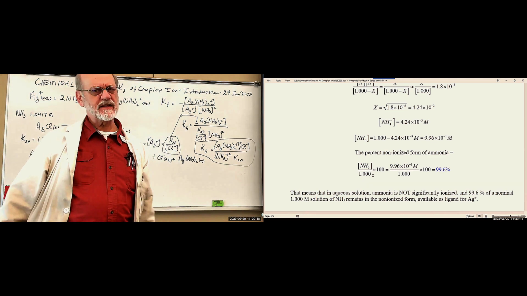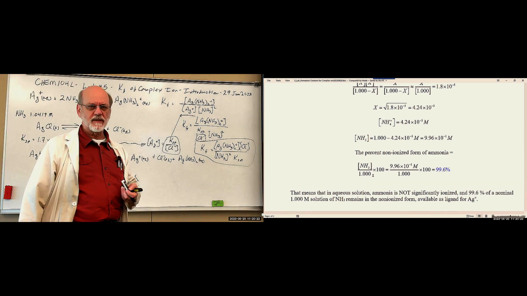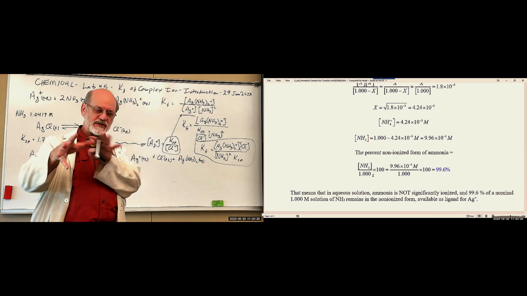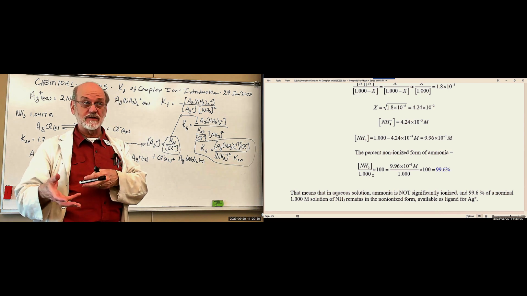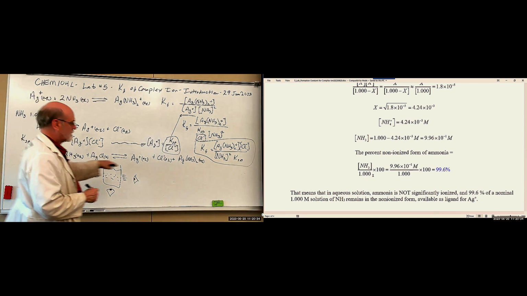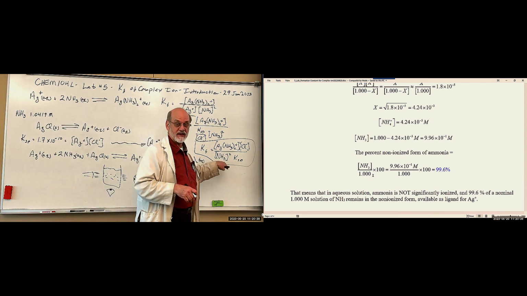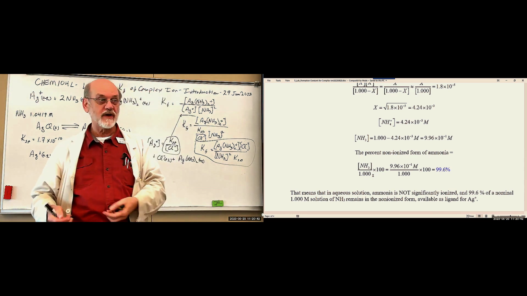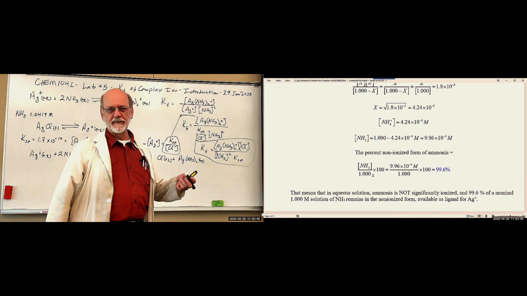So I guess technically, once you determine the concentration of ammonia in solution, you could use this equilibrium procedure and determine what is the actual ammonia concentration in solution, and put it in here and do the calculations for that value. And that would probably get you closer to the true value. I haven't done that yet because I'm lazy.